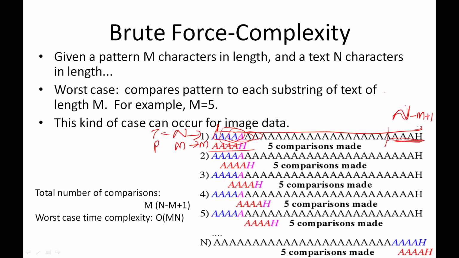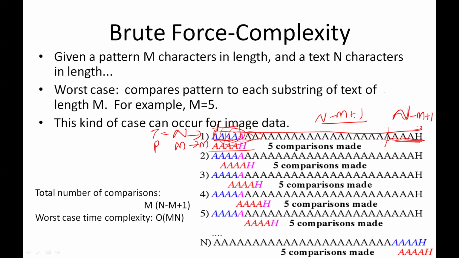Total n minus m plus 1. One character extra we always add, right? So you can extract a substring of length m. Starting from the first 5, then the next 5 and so on, you will have around n minus m plus 1 substrings to be checked.